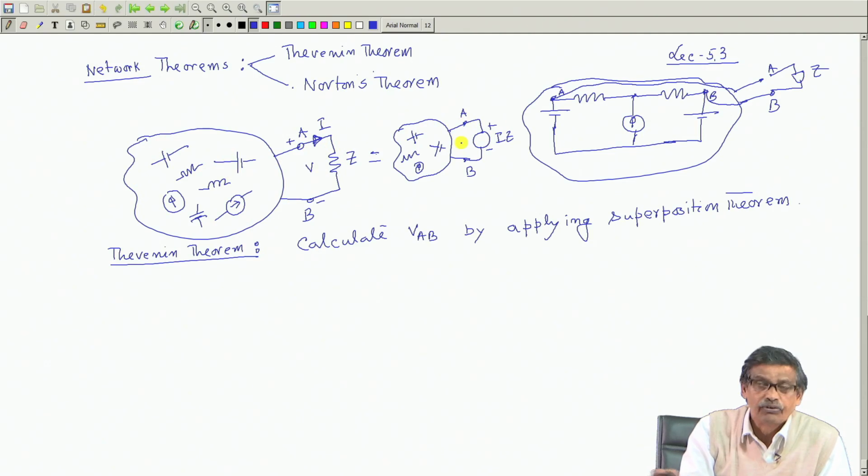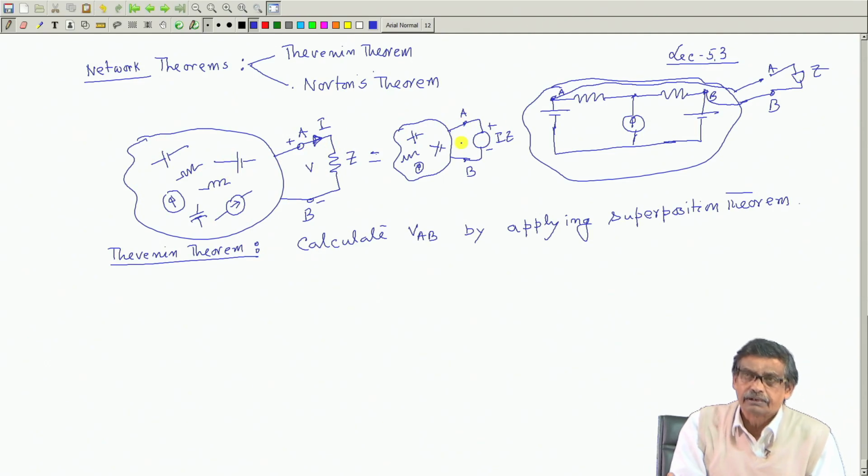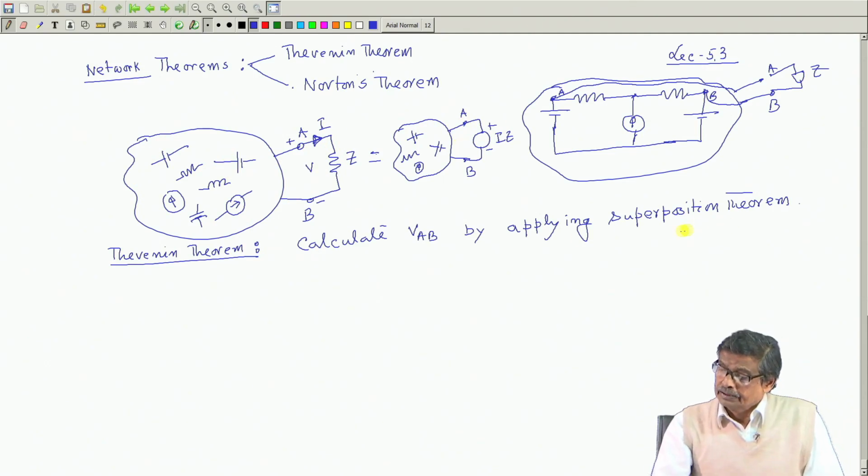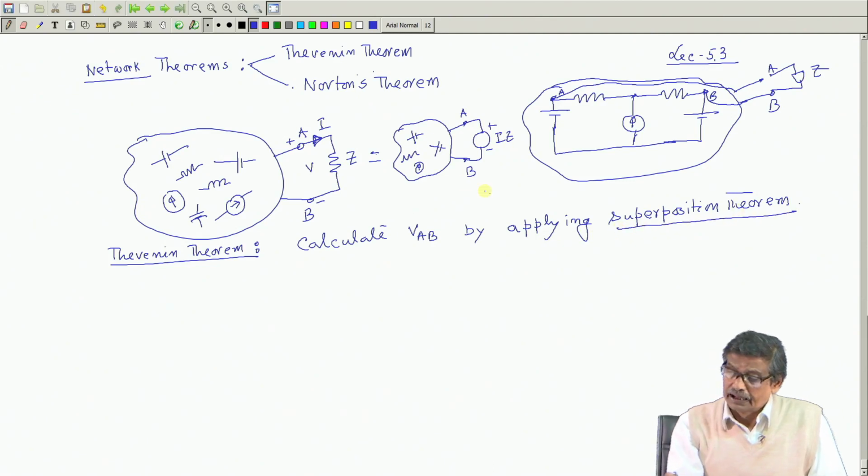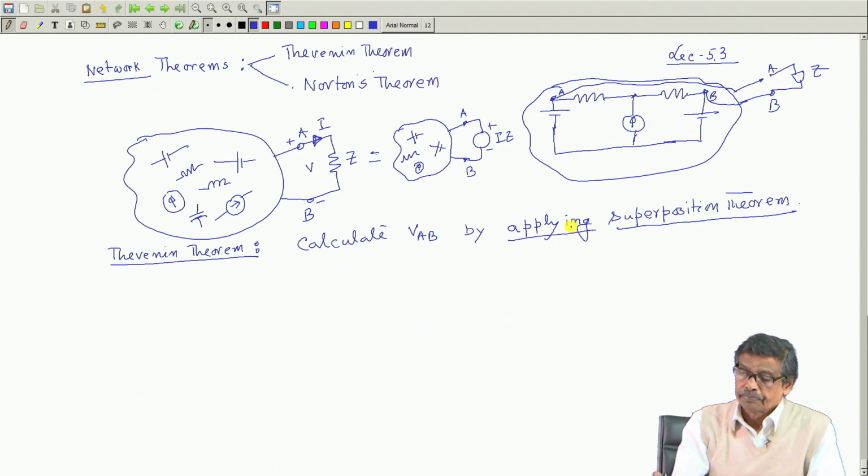Same currents will be flowing here, that is what we have established earlier. Anyway, so I will calculate VAB by applying superposition theorem.